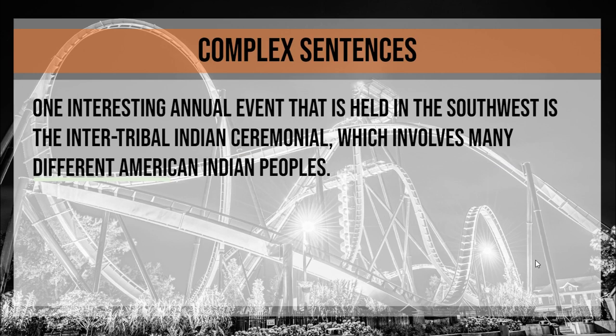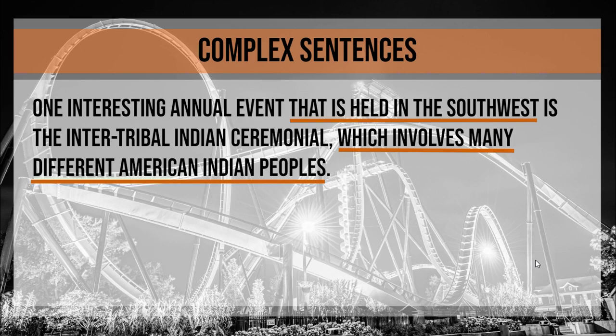One interesting annual event that is held in the Southwest is the Intertribal Indian Ceremonial, which involves many different American Indian peoples. This complex sentence has not one but two dependent clauses in it. They are the first one, that is held in the Southwest, and then the second one is which involves many different American Indian peoples.